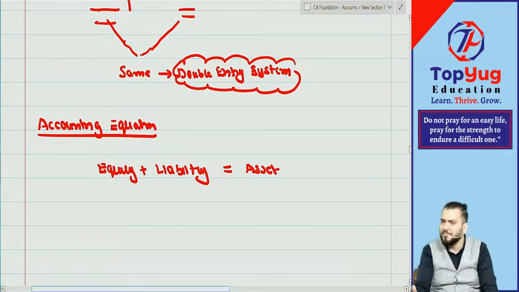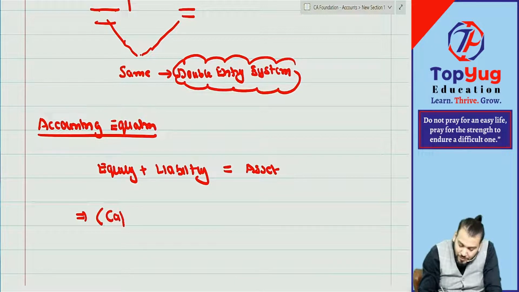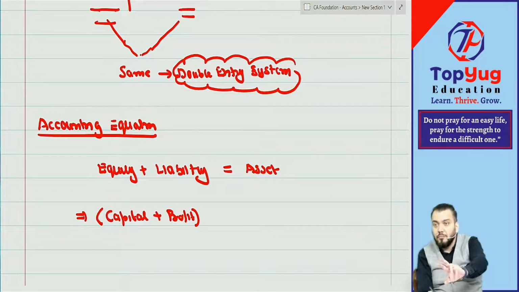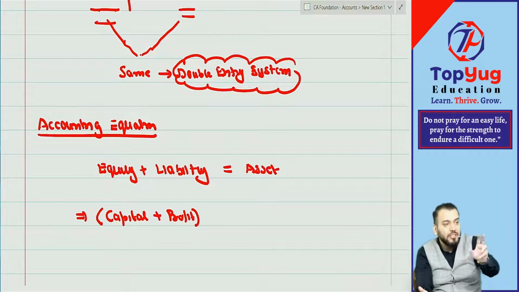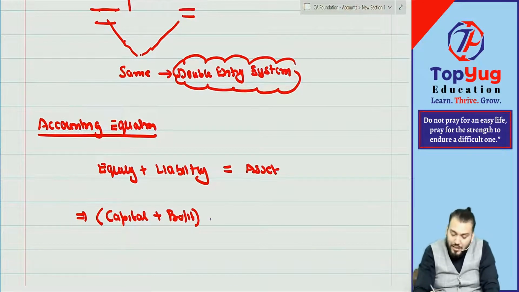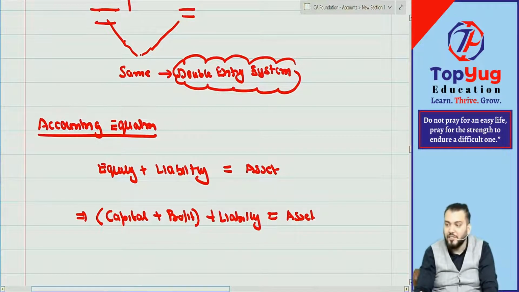So the equity means what? If I say equity, it is capital plus profit. When I say capital, capital means the amount introduced, but it will increase by the amount of profit. So the amount introduced plus profit belongs to the owner only. Correct? So capital plus profit plus liability is equal to asset. Understood?